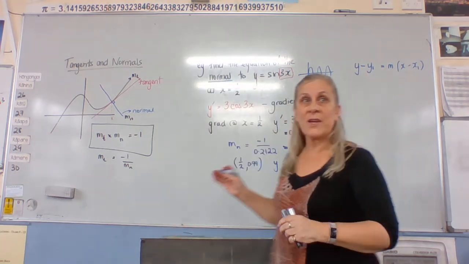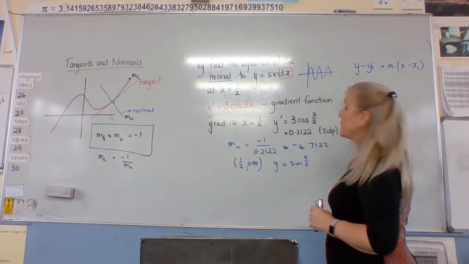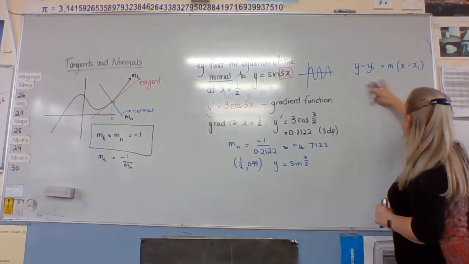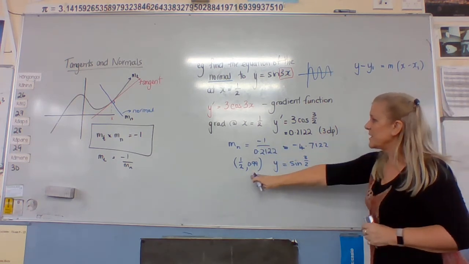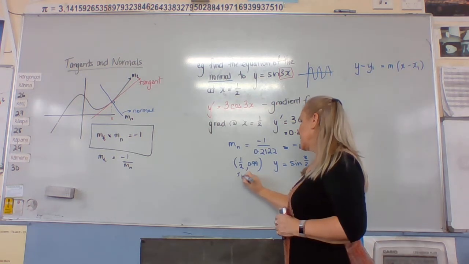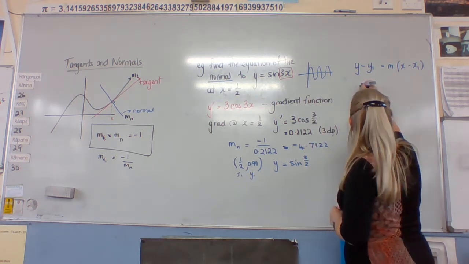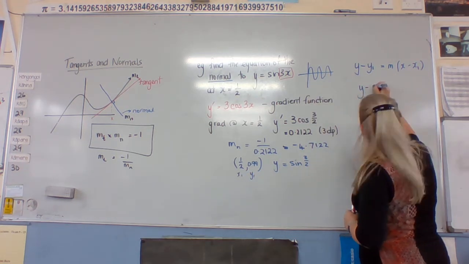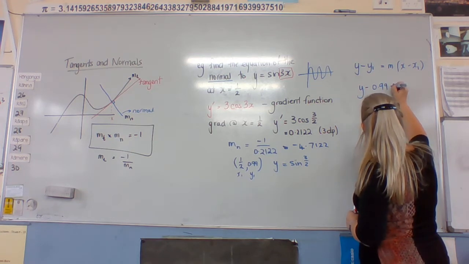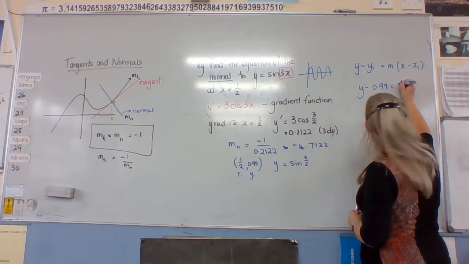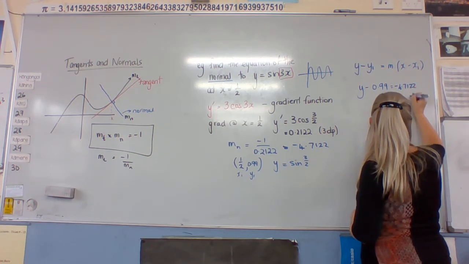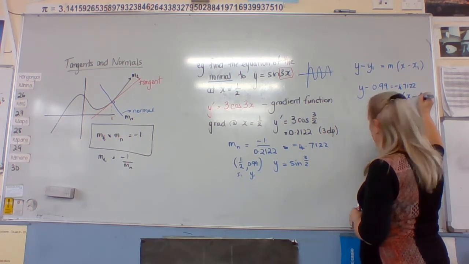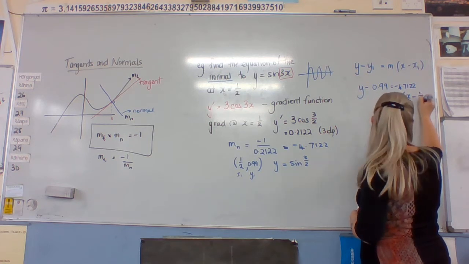Yeah, you would have had it for your calculus exam last year. It would have been the only formula on your formula sheet. So we now have an m, we have a y1, which is that, and an x1, and so we get our answer, which is y minus 0.99 equals negative 4.7122 bracket x minus a half.